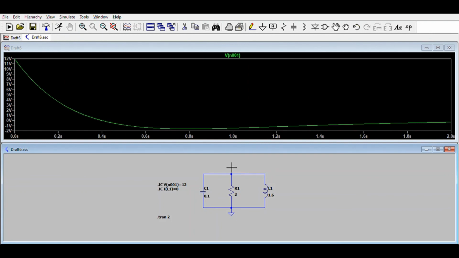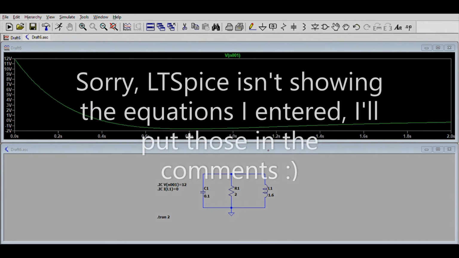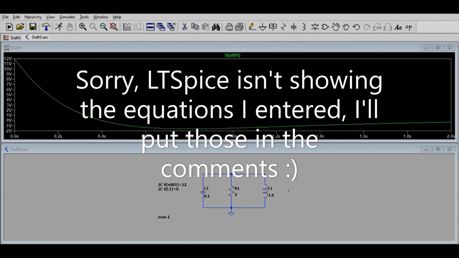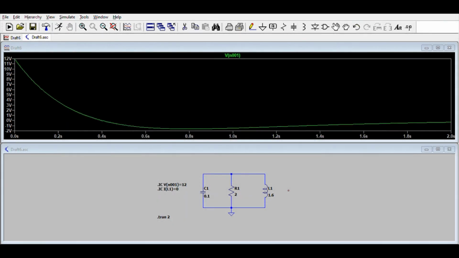And then we can go ahead and do right click, add trace. Let me look at these equations again. Let me write this one down. So IR of t was minus 15 t e to the minus 2.5 t plus 6 e to the minus 2.5 t. Okay. Alright, here we go. Let's go back to LT Spice.